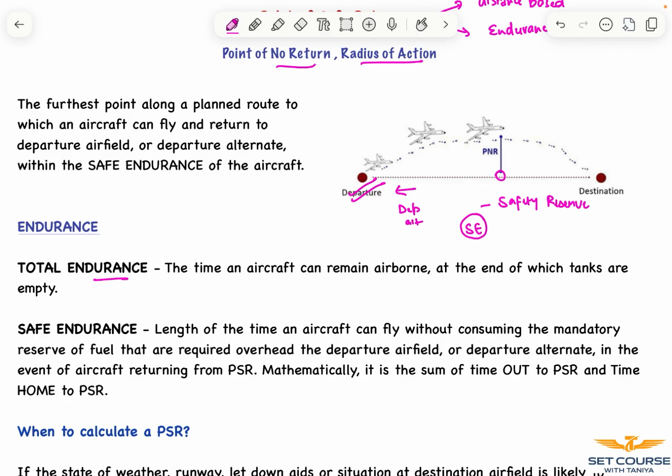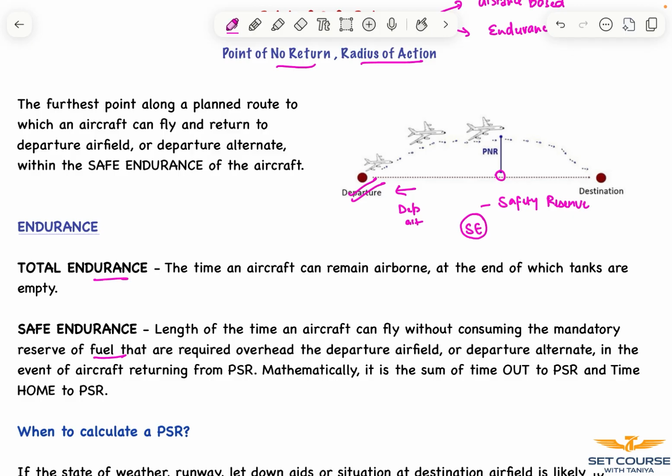However, safe endurance is that particular time for which an aeroplane can remain airborne without using the safety reserve, or the mandatory reserve of fuel that is required to be overhead the departure airfield or the alternate.